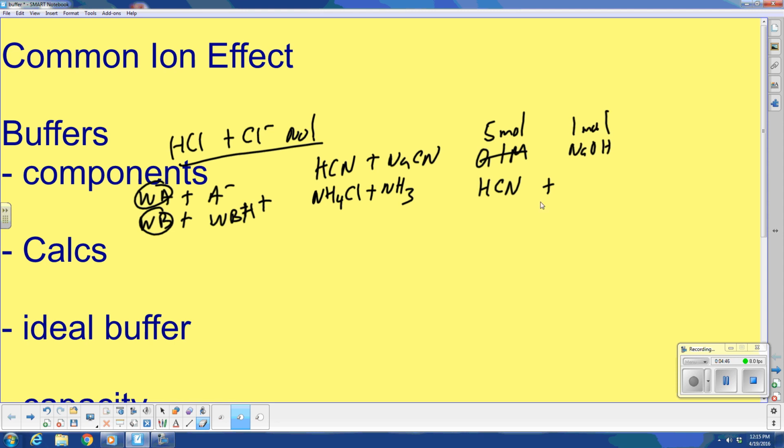Well, what's going to happen if I add 1 mole of sodium hydroxide to my hydrocyanic acid? I'm going to get water and cyanide.